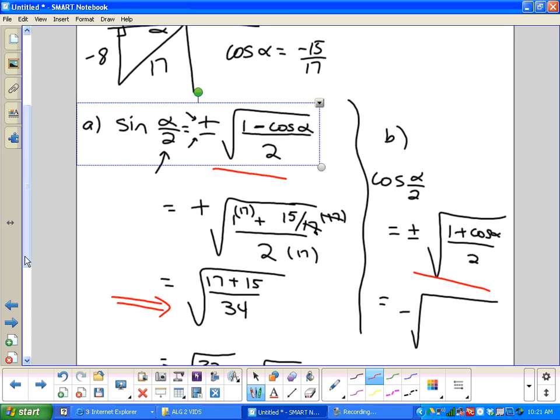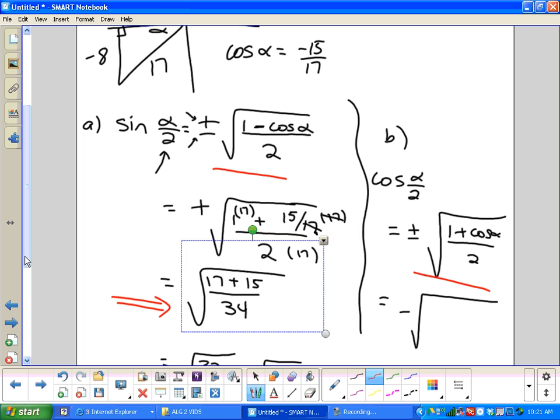So instead of 17 plus 15 right there, it would be 17 minus 15, which would just give me 2. Did y'all follow that okay? See how you can just go to this step right here and all you have to do is change that sign to get the cosine. So 17 minus 15 is going to give me 2 there. So I'll get the negative square root of 2 over 34.